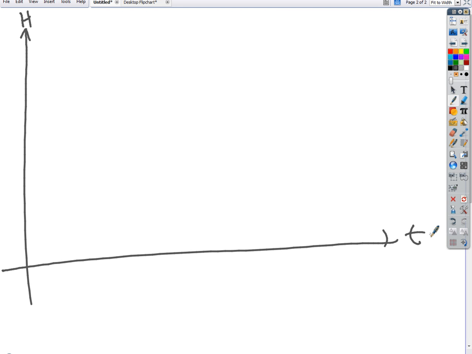It's stationary, just hovering. We'll say it's at 15,000 feet, hovering, that's pretty high, but it's possible. So it's hovering there, I jump off the hot air balloon, and the hovering part might look like this.